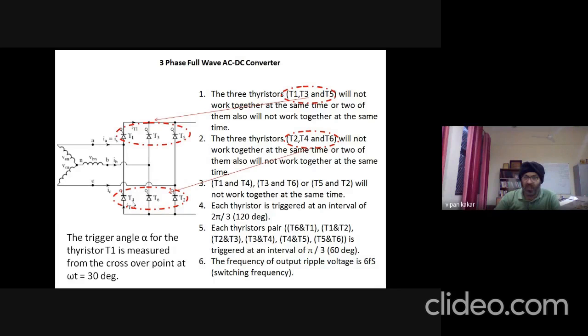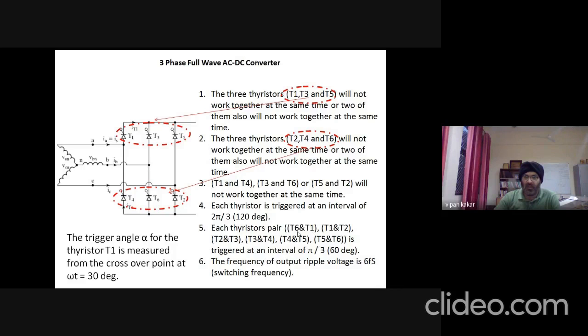We used to have 2 pairs in a full wave rectifier, and in a 3-phase rectifier, we have 6 pairs. So each pair must be triggered at an interval of 60 degrees.